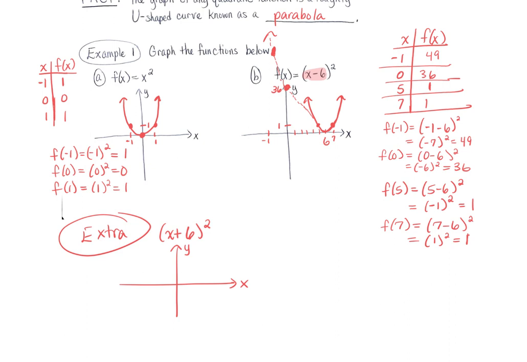A parabola, good, facing up, but instead of moving to the right from 0, is now going to move to the left. Very good. And then your vertex is at -6, 0. So again, you move to the left -6 because now you can rewrite this as x minus a -6 quantity squared.